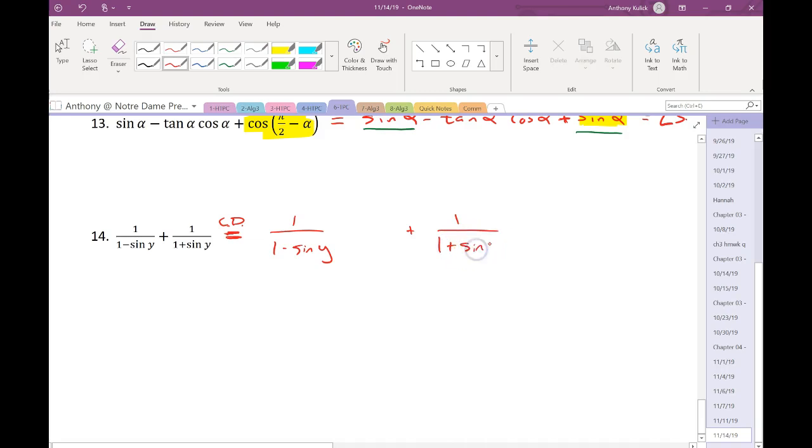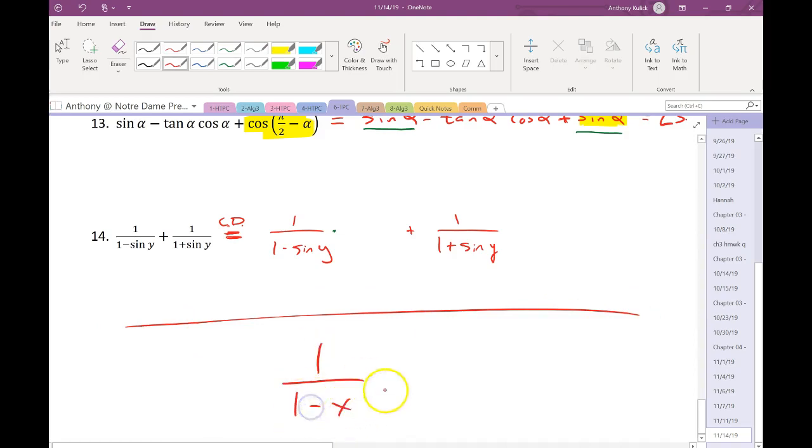Well, let's just take an aside here for a moment. What if this was this problem, where we did this last year in Algebra 3-4? If I want to add these two fractions, what would the common denominator be?